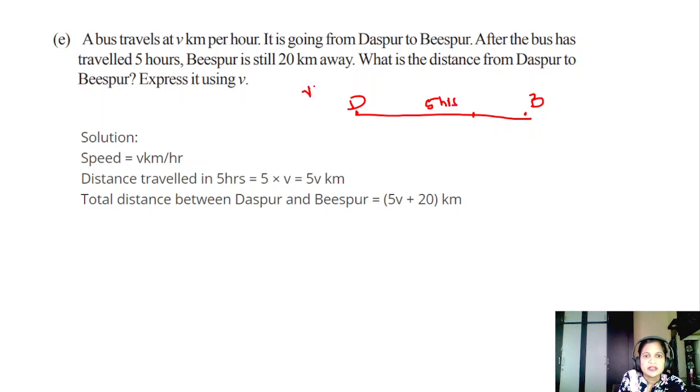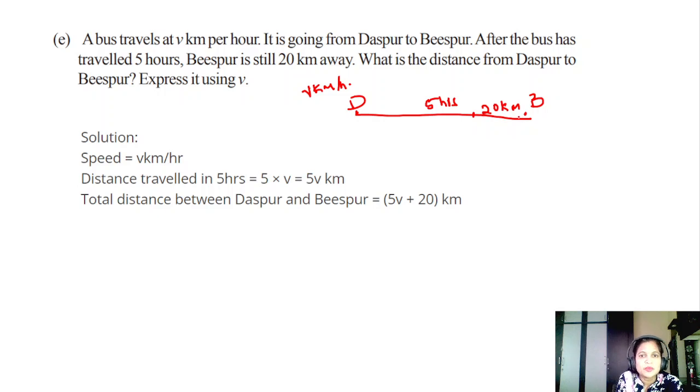What is the speed? V kilometers per hour. We can find out what distance it has traveled. Then Bispur is still 20 kilometers, we have to travel still 20 kilometers.